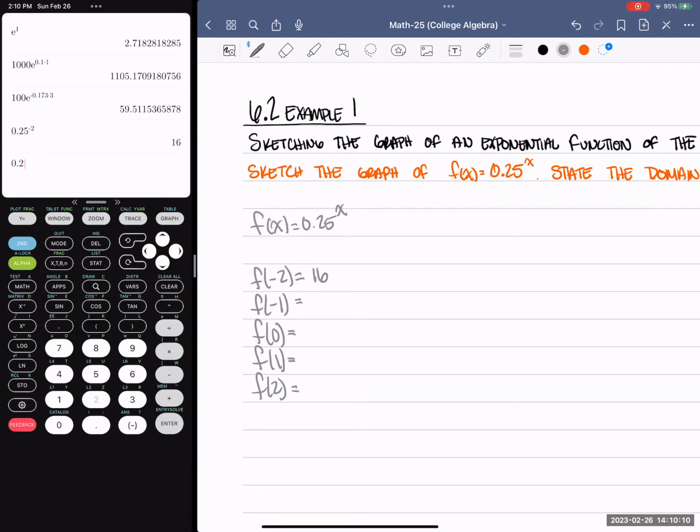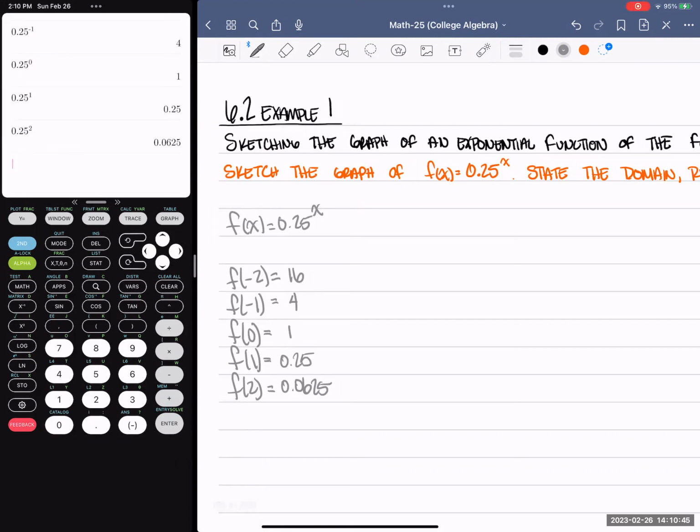And again, 0.25 raised to the power of -1, that's 4. 0.25 to the power 0, that's 1. 0.25 to the power 1, easy, we already knew that one, 0.25. And lastly, 0.25 to the power 2 is 0.0625.